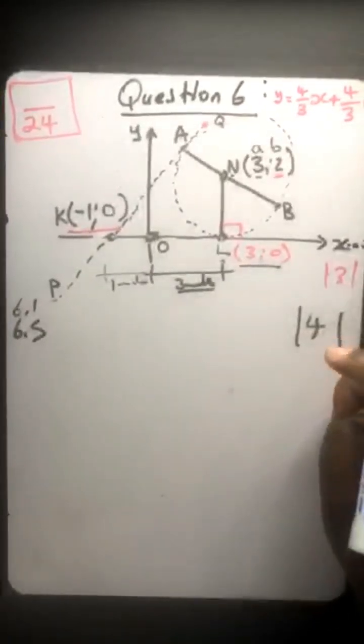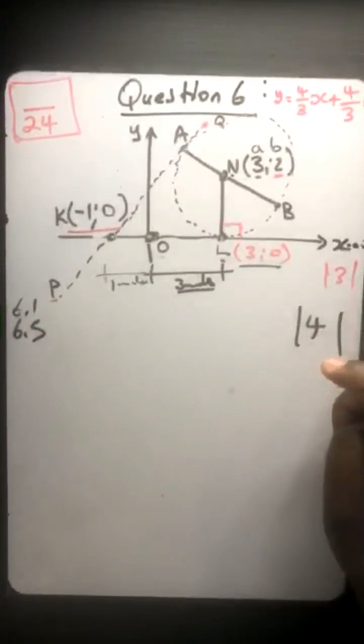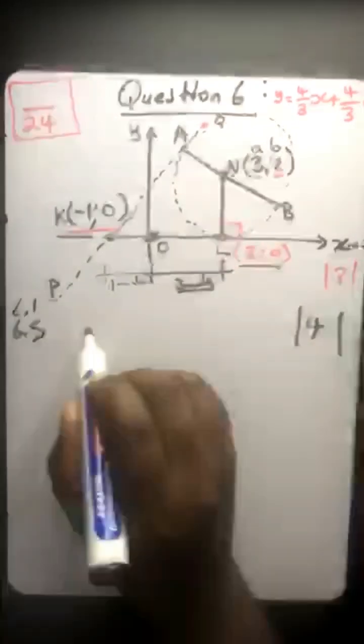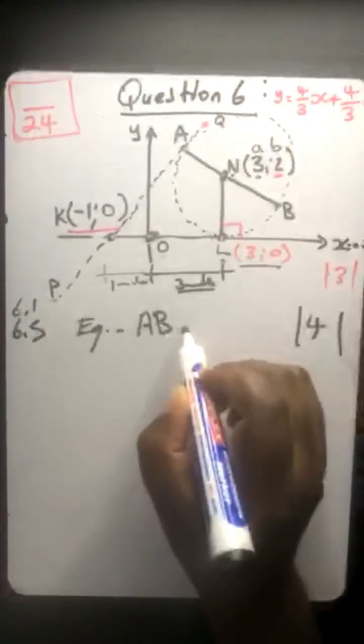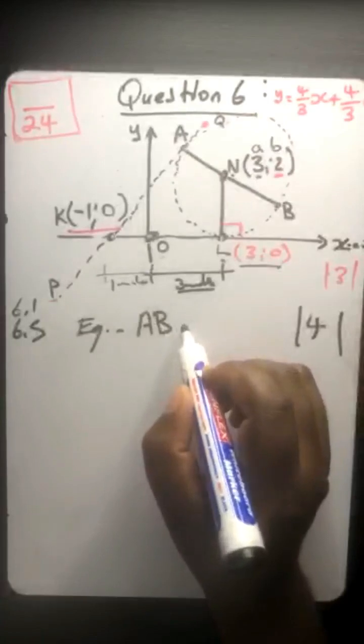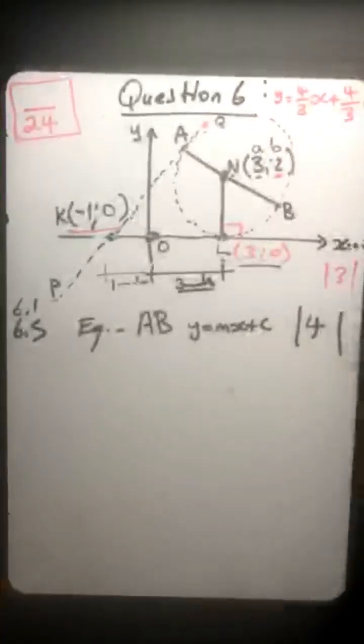Determine the equation of the diameter AB, in the form y equals mx plus c. Anyone would like to give it a try and suggest how to work out this one? It's not that complicated. You just need to remember something and then you work it out. But anyone who would like to suggest how to work it out?